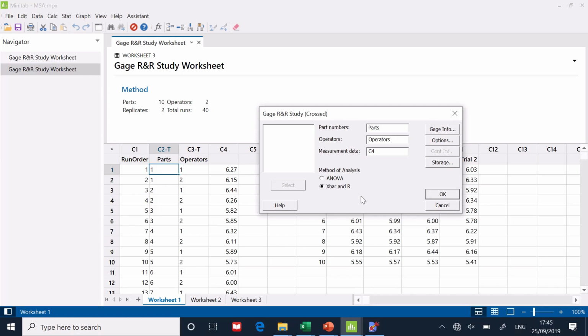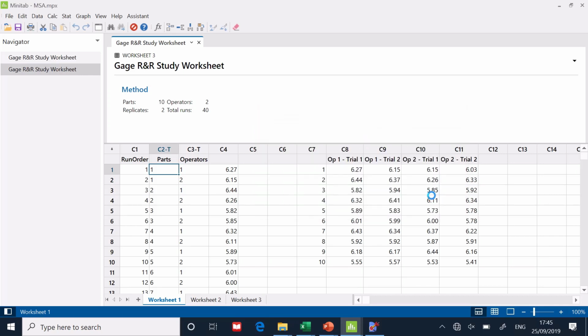In other words, if you only have one measurement system that's doing 2 or 3 repeats, you can only use the X bar R. The ANOVA will not calculate. So that's the reason why that choice is there, essentially. But providing you've got the data, the best estimate is ANOVA. And then we're going to go, okay.